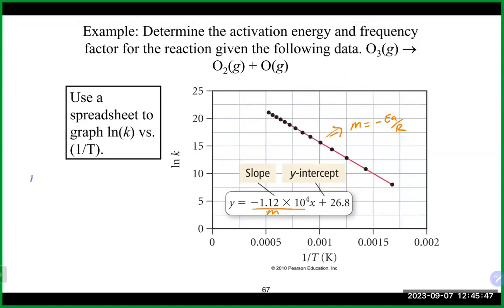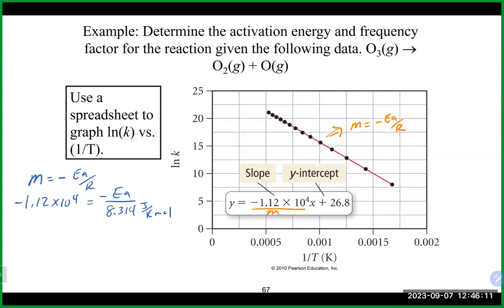The slope in this case would be minus Ea over R. Our slope in this case is minus 1.12 times 10 to the 4, equals minus Ea, which is what we're looking for, over our gas constant, which is this guy here. We'll multiply it to the other side there.